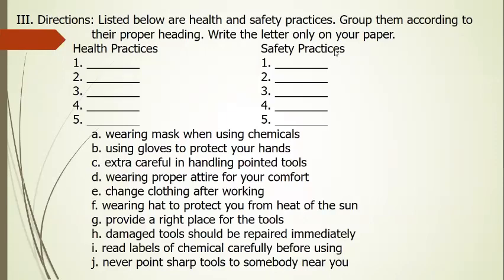For example, number 1, wearing mask when using chemicals. What do you think it is? Is it a health practice or a safety practice? So you are going to classify the practices from A to J to its proper heading. You have the health practices and the safety practices. Did you get it? Okay, so classify it now.